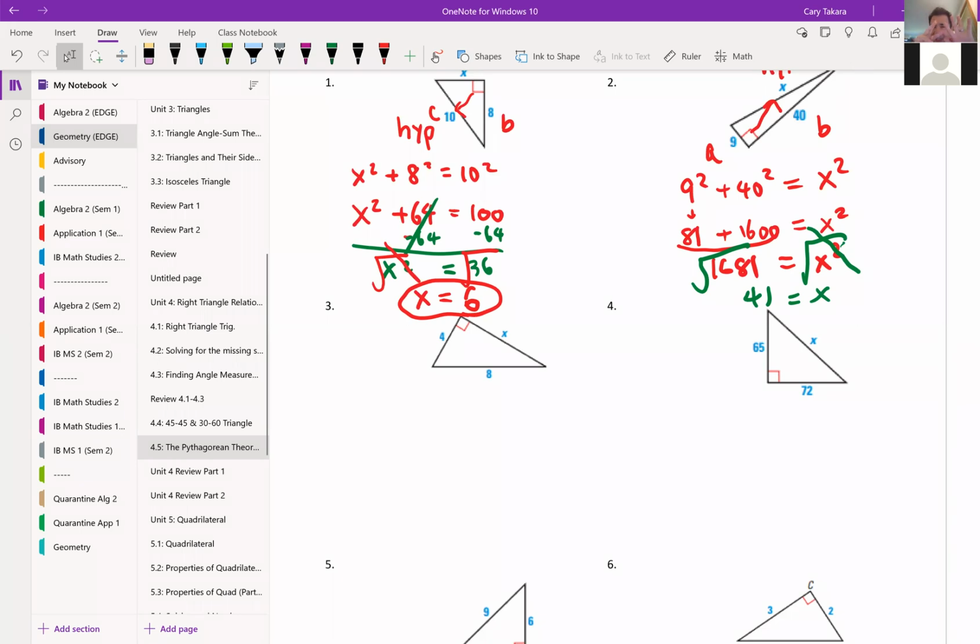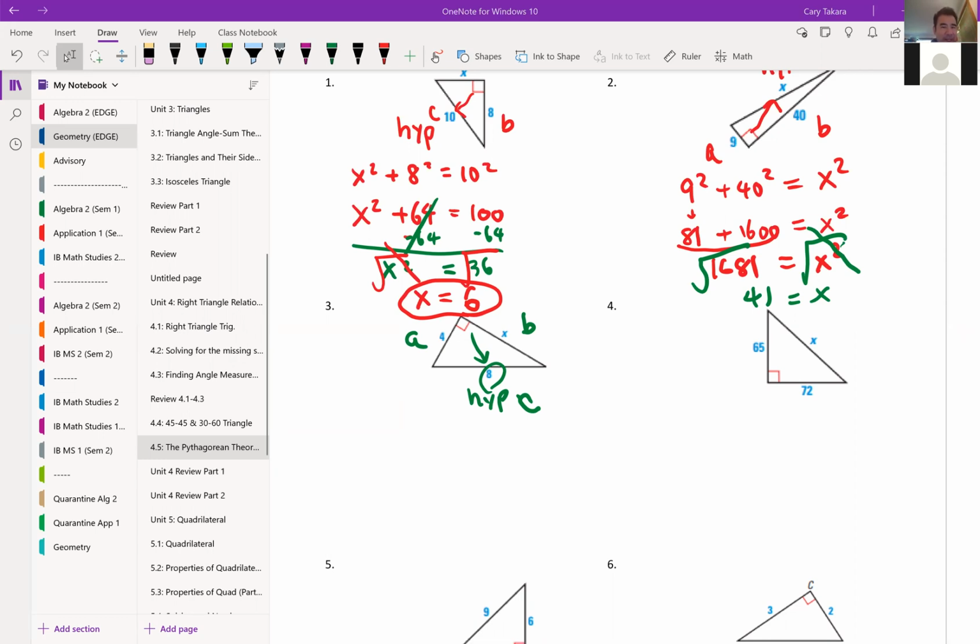Or is it 8? Which one is it? Everybody tell me that. Hypotenuse is 8, isn't it? That means 4 and X are A and B, because hypotenuse is always C.